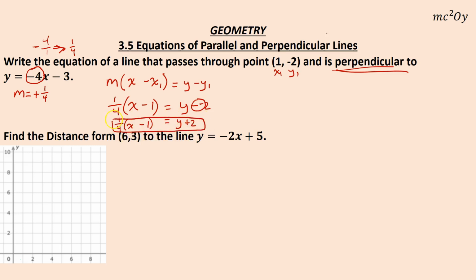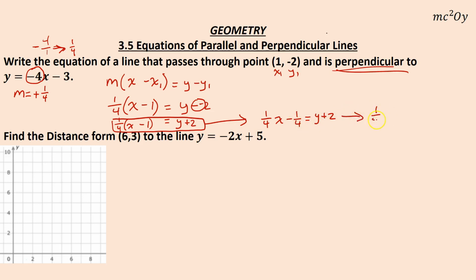equals y plus 2. That would be perfectly acceptable, or if you wanted to change it to slope-intercept form, distribute that 1/4, so you get 1/4 x and 1/4 times -1, which is -1/4, equals y plus 2. And then move that 2 over, so you're going to have to subtract 2 from -1/4.